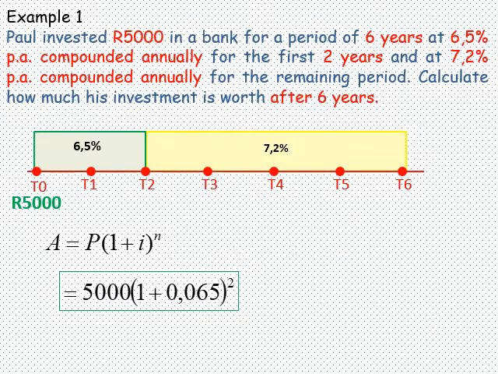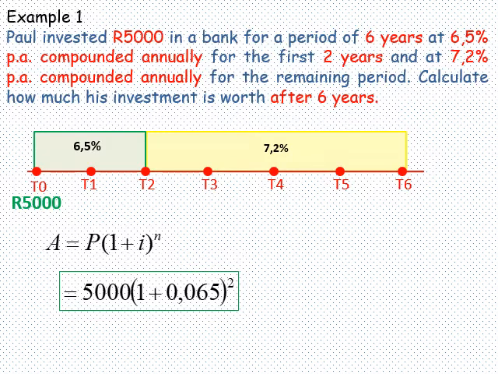Hence, 1 plus 0.065 is raised to the power of 2 because 2 years had a 6.5% interest rate. Then you are more than welcome to press equal on your calculator and get that answer and write down that answer at term number 2.